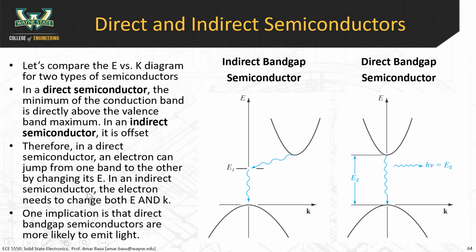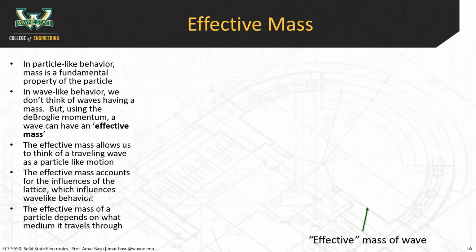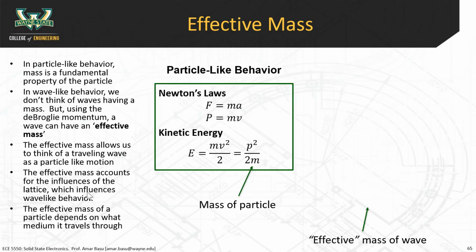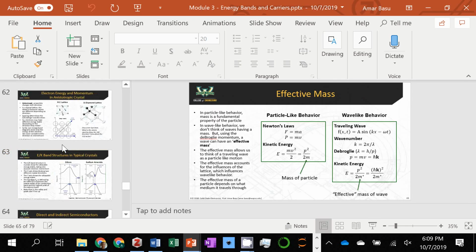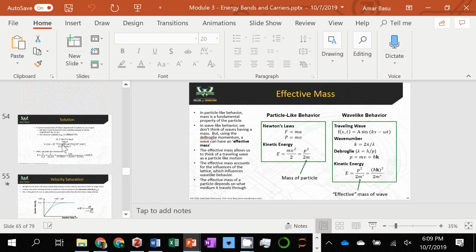All right. So let's talk about effective mass now. This is the last concept we're going to cover in this module. The reason effective mass is important is because it determines the conductivity of a material. Again, I want to give a context since we're changing gears here.